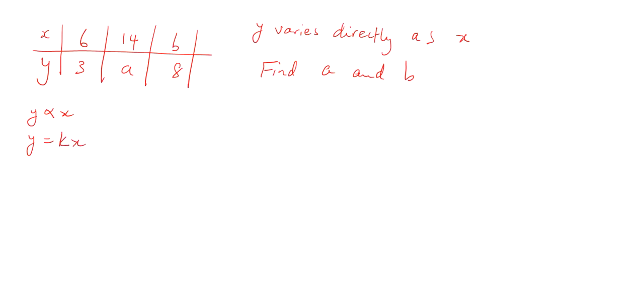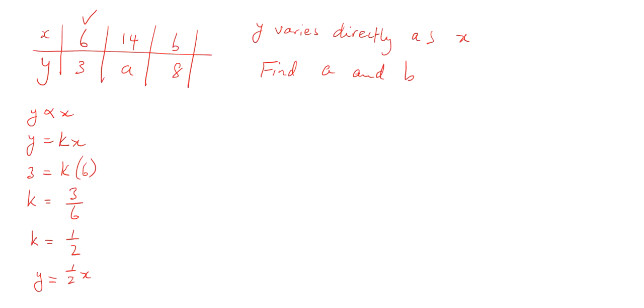Right? So we use the first piece of information when we know x and y. So x is 6 and y is 3. So therefore 3 is equal to k, which we want to find, times x, which is 6. So therefore k is equal to 3 over 6. So therefore k is equal to a half. So therefore the equation is really y is equal to half x.